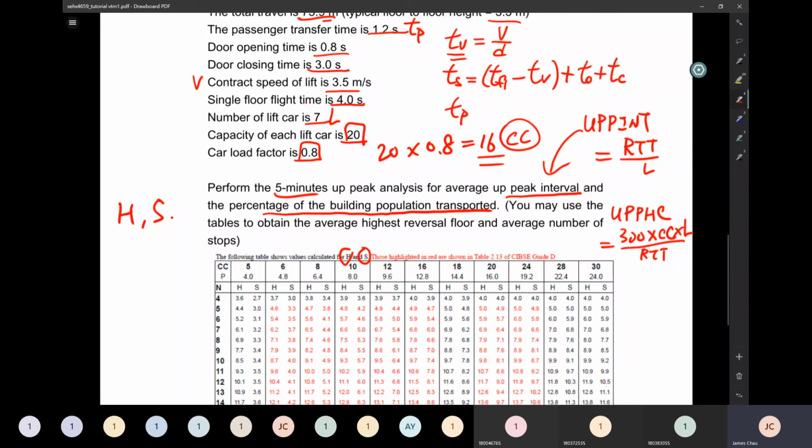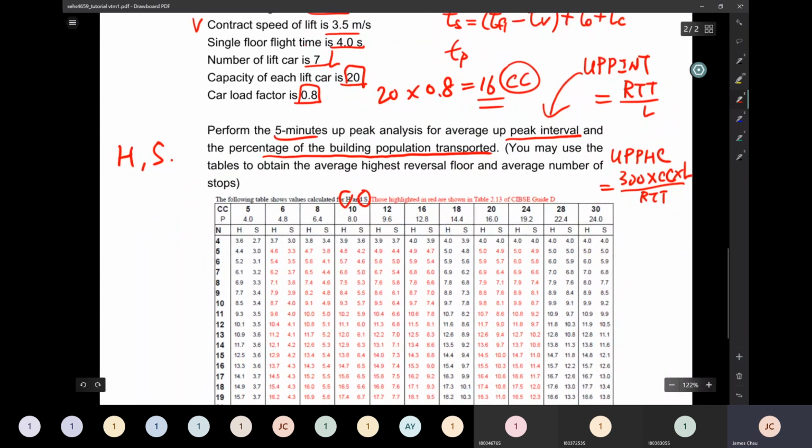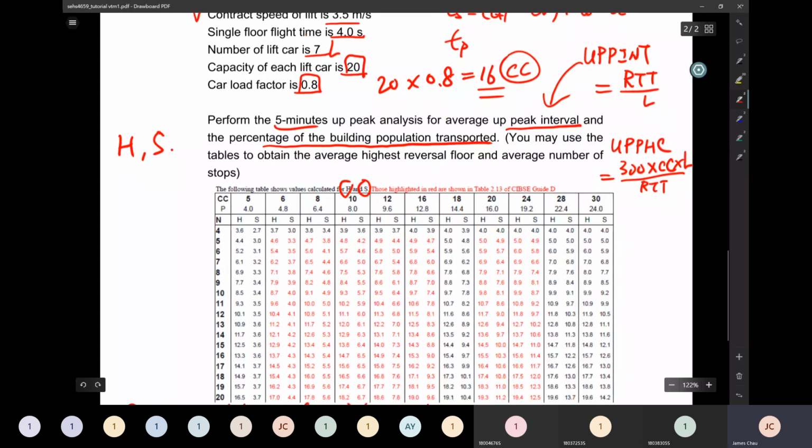Now this is a value that tells you within 5 minutes how many passengers can be served. And it should be an integer, so if you get a decimal number, you can truncate the decimal part.